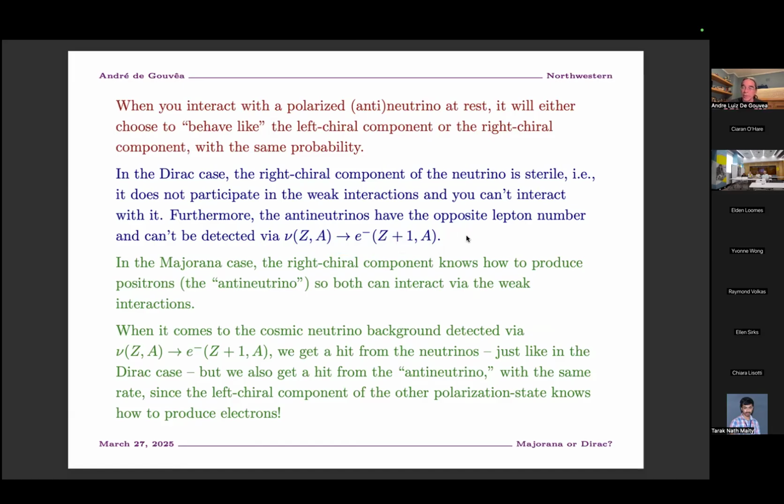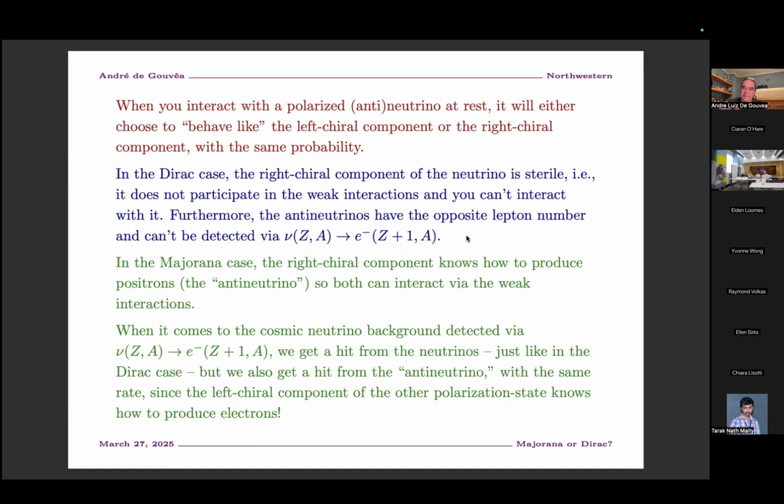If the neutrinos are Majorana, remember my cosmic neutrino background has the left-handed helicity component and the right-handed helicity component. As far as the left-handed helicity component is concerned, the story is the same as for the Dirac neutrino. Half of the time it'll behave like a left chiral component and produce an electron.